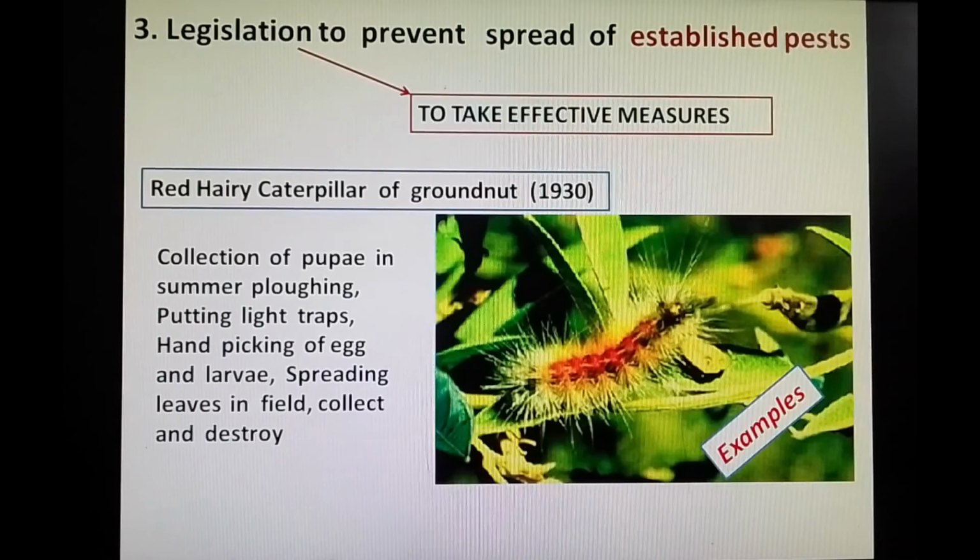So here is an example where the actions are to be taken against the red hairy caterpillar of groundnut. So the collection of pupae in summer plowing, putting light traps, hand picking of egg and larva, spreading of leaves in the fields so that the hairy caterpillars can congregate inside those leaves and those are collected and destroyed.